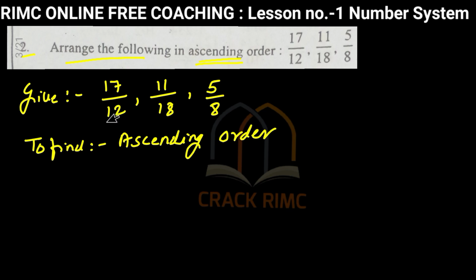Okay, so what we can see here, we have been given 3 fractions and we have to arrange them in ascending order. Whenever we are given fractions, first we have to make the base common, meaning we have to make the denominator common. So we will write here solution.